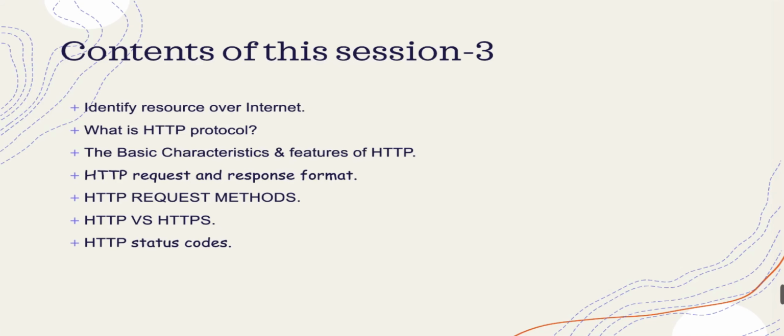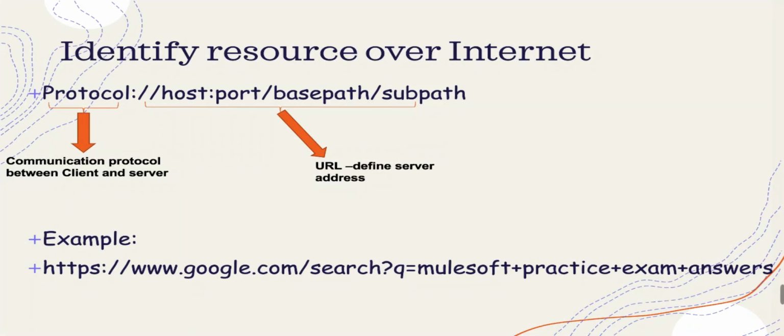Okay, coming to the first slide, identifying a resource over the internet. You remember in my first class, what a client-server connection is, and how a request goes over the internet.